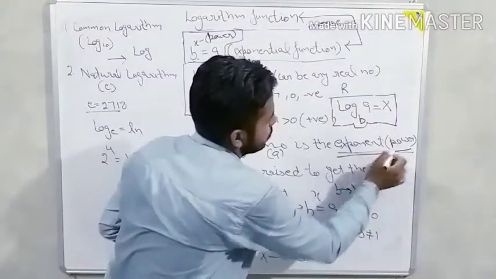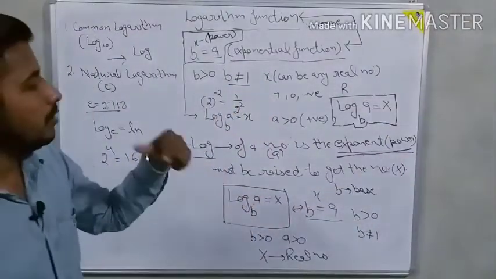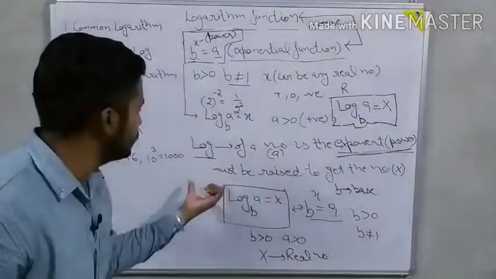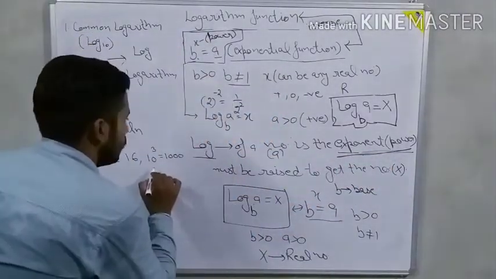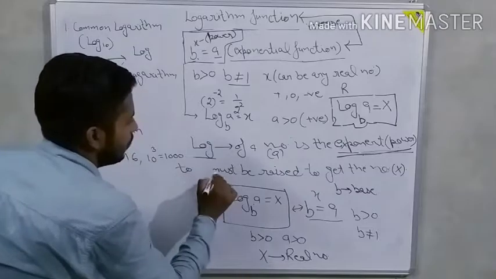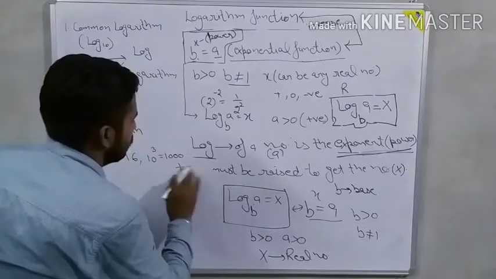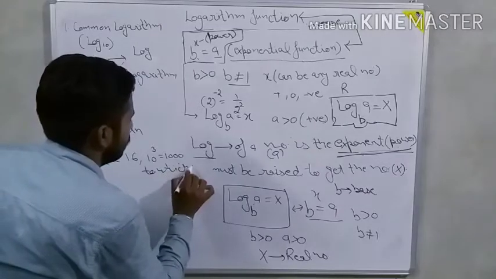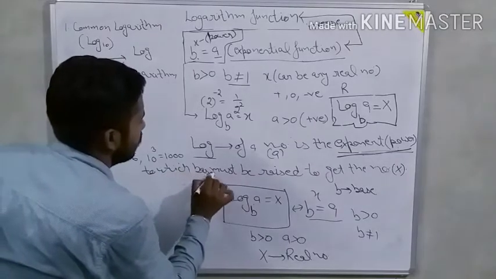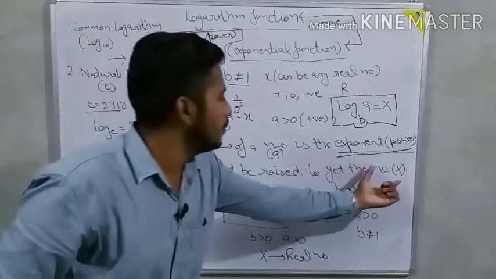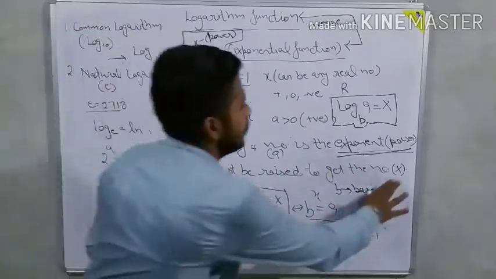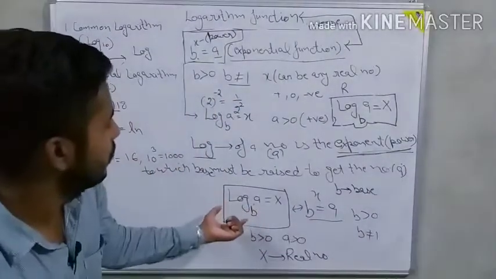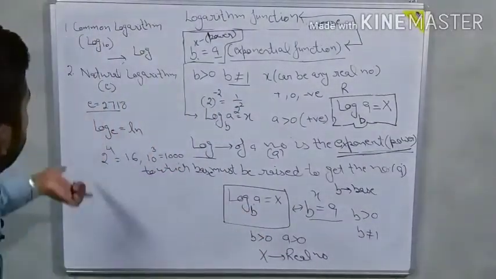You must remember these words: the logarithm of a number is the exponent or power to which the base must be raised to get the number. From here you will study more easily.